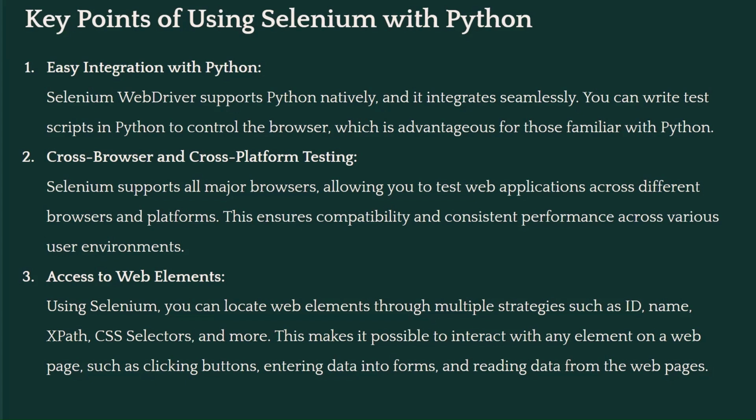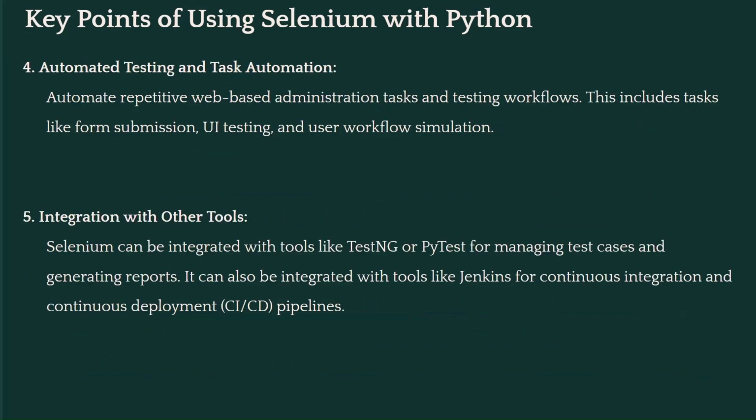Attributes like ID, name, and XPath are what you'll usually find in a website. Through these locators, we can maintain connectivity, and this helps you find the elements easily.